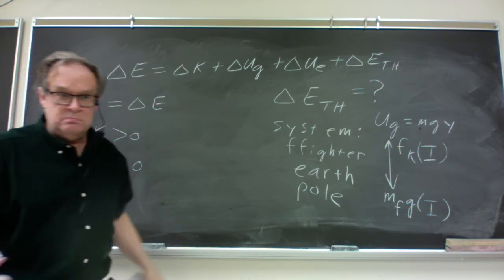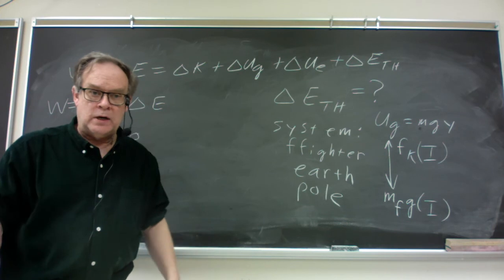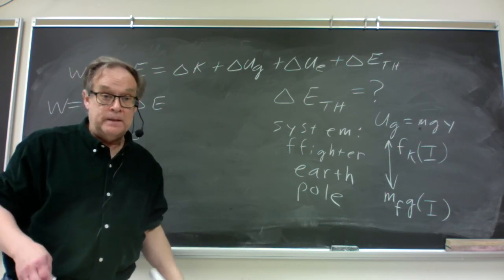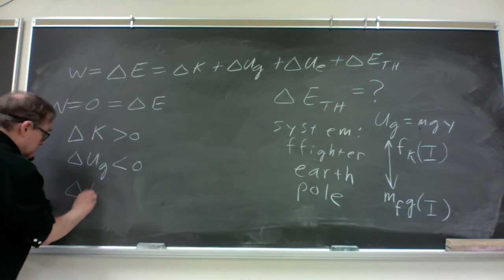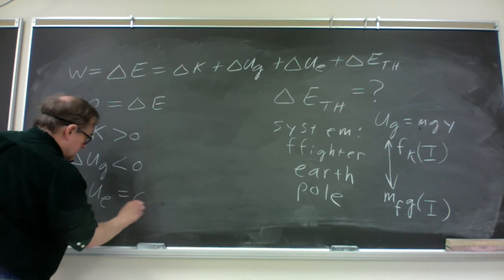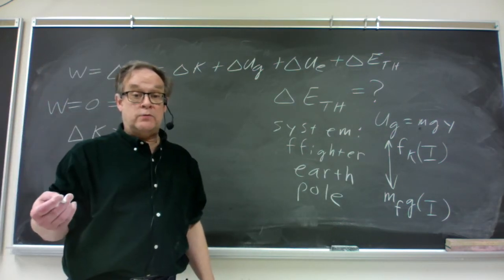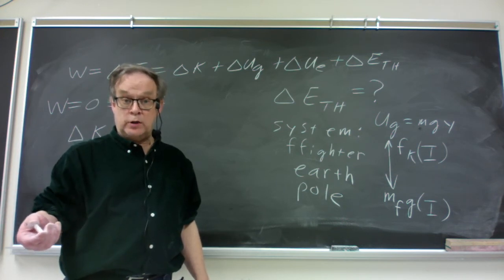Nothing happens to elastic potential energy. Throughout this whole process, there is no elastic potential energy at all because there are no elastic objects being squeezed or stretched. But there's friction, and whenever friction happens, energy is added to thermal energy.